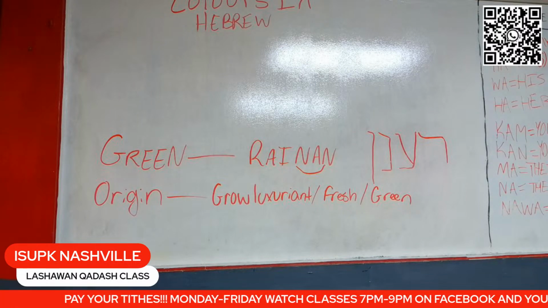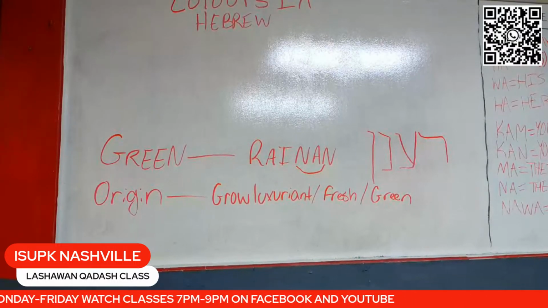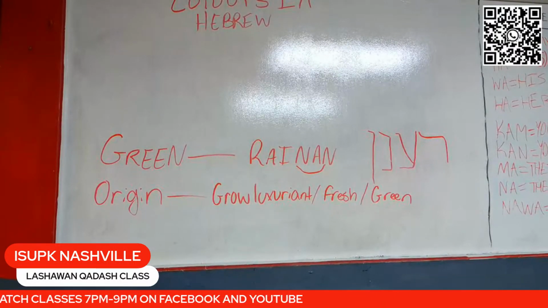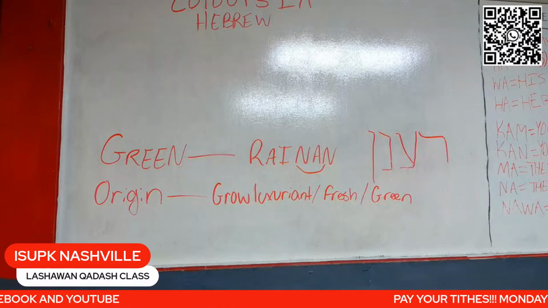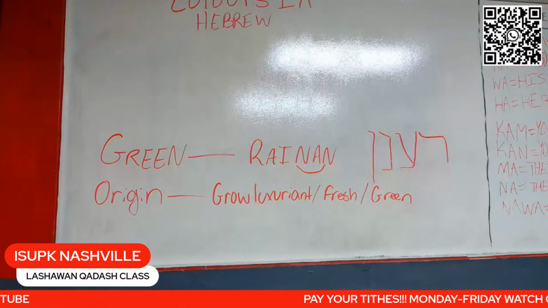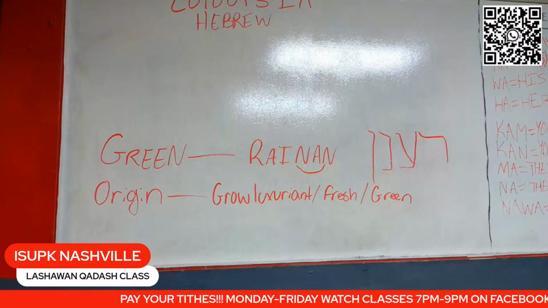Real quick. It's real easy. And this is kind of why I don't like Assyrian. Not including the connectors, but this is another reason why I don't like Assyrian Hebrew.